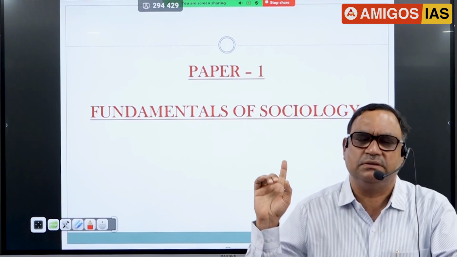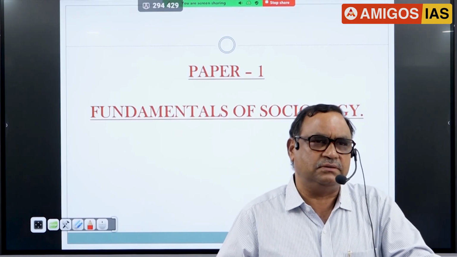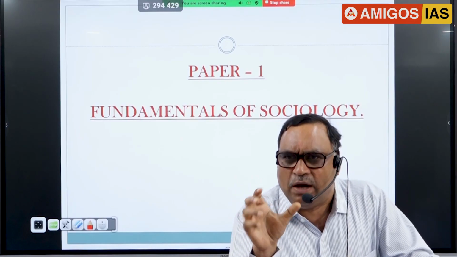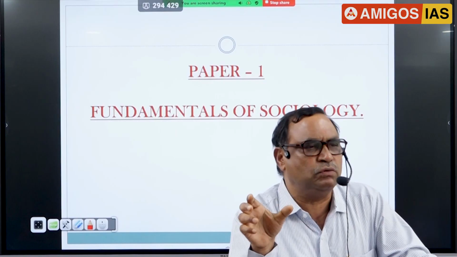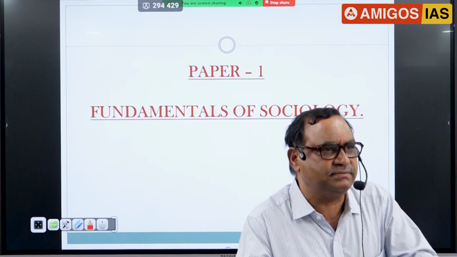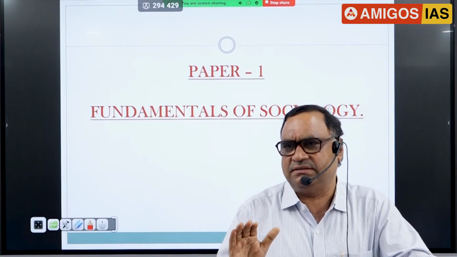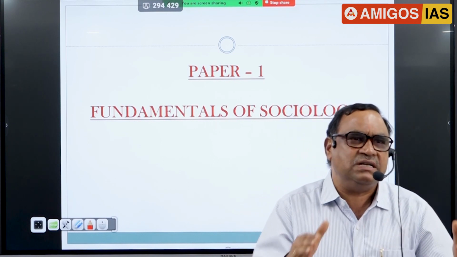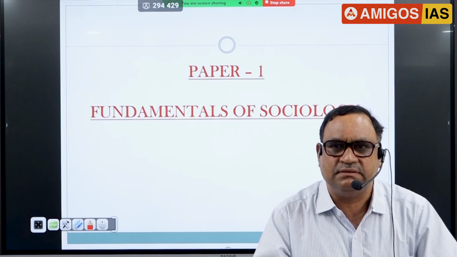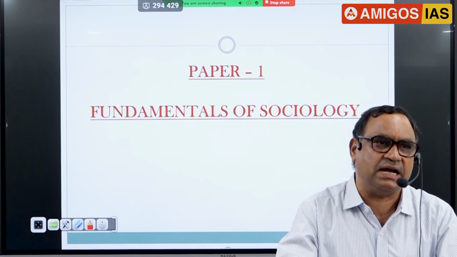Before going to discuss paper 1 and paper 2, I would like to clarify one thing, that paper 1, that is fundamentals of sociology, is purely a theoretical subject, where you are supposed to understand the various concepts, various theories related to the human society.